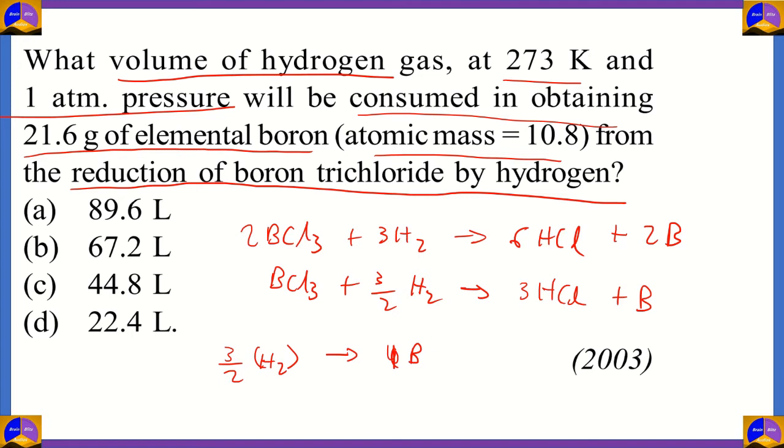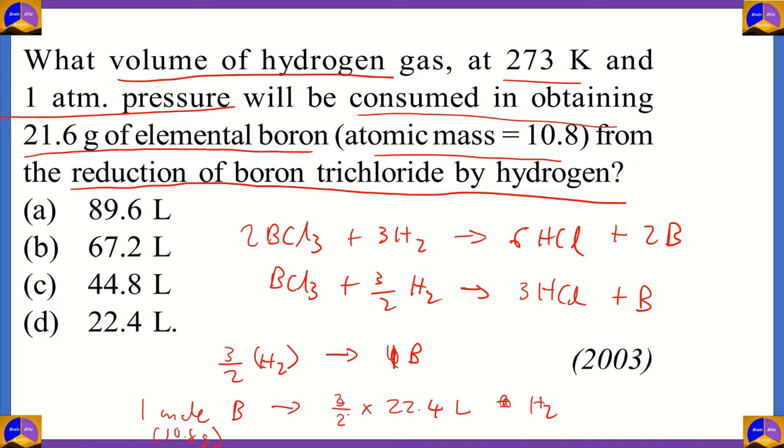Using this relation, we can write that 1 mole boron, and remember the atomic mass is 10.8, so 10.8 grams of boron will be formed by the consumption of 3 by 2 times the volume at 1 mole, that is 22.4 liters, of hydrogen gas.